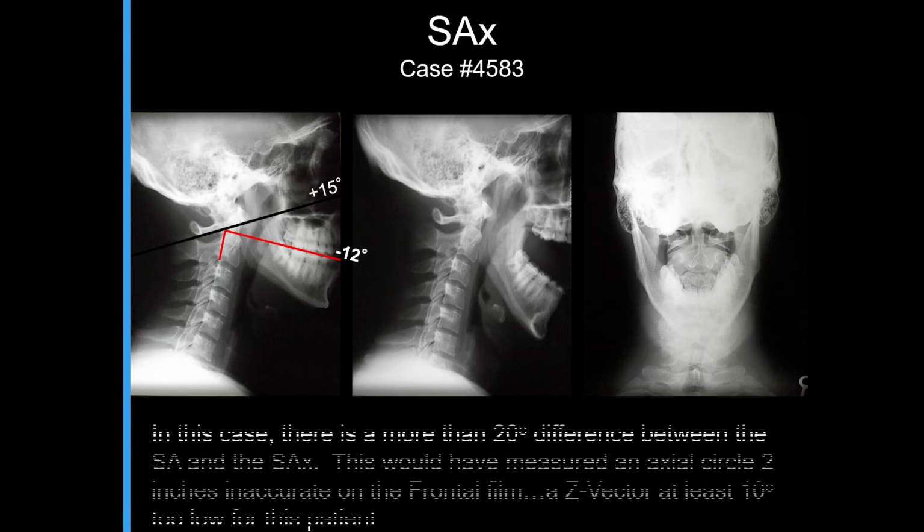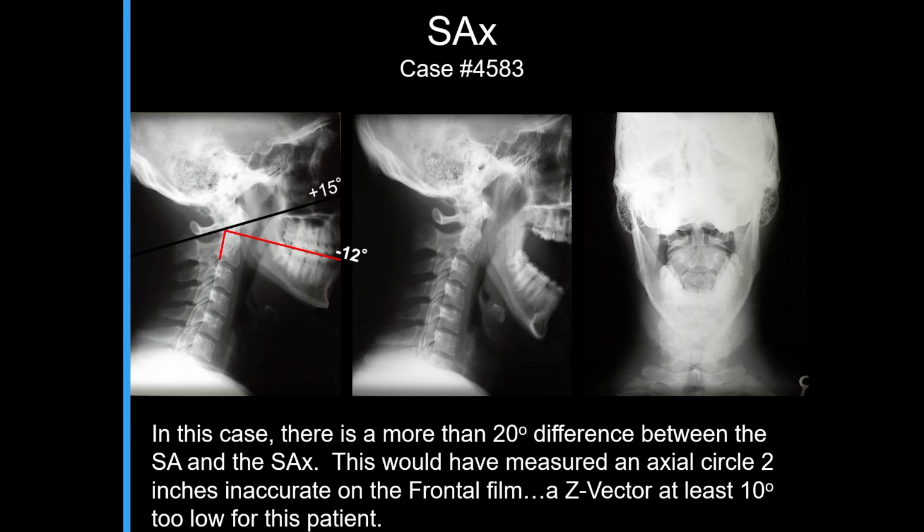Here's a case study that we show people. Because there's such a drastic degree difference here, we have to look at this on a different view or plane line, and when we do that, it actually changes the z vector by at least 10 degrees.